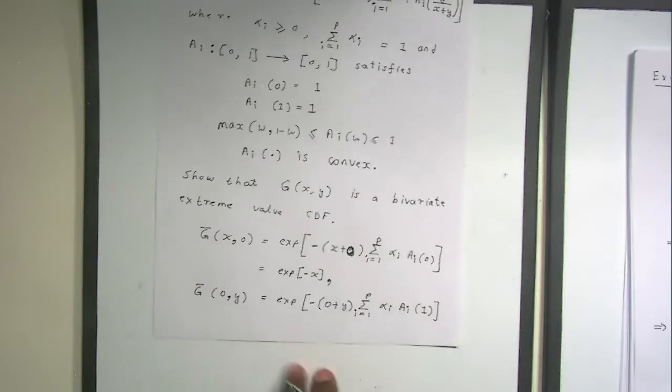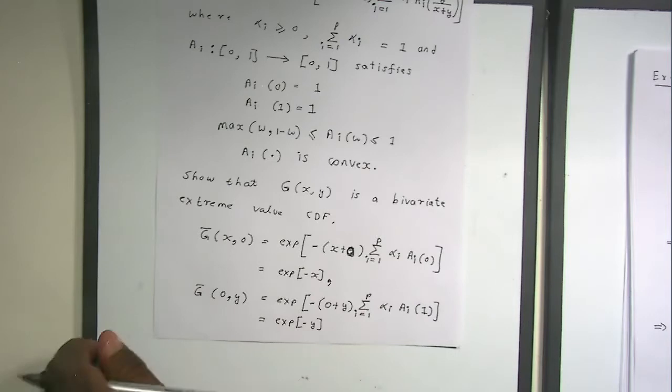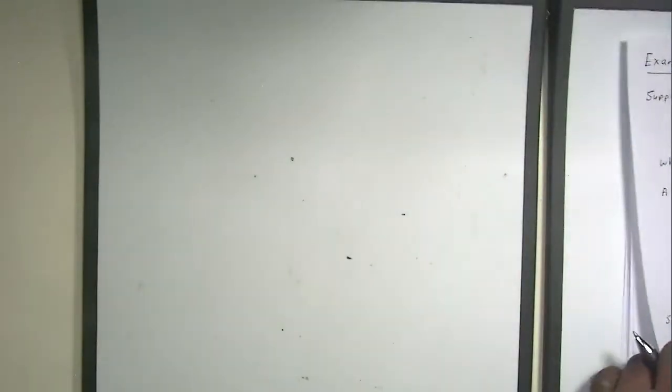So AI at 1 is 1, the sum of alpha is 1, so this becomes exponential of minus y. So what you're looking at is representation 4, because both marginals are exponential. So we need to use representation 4.